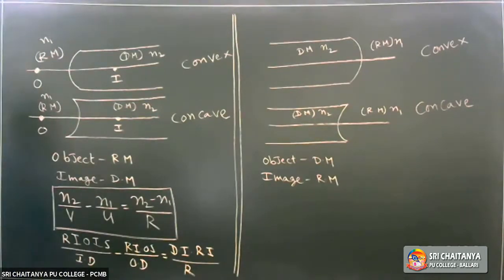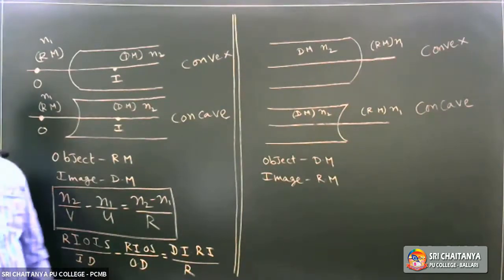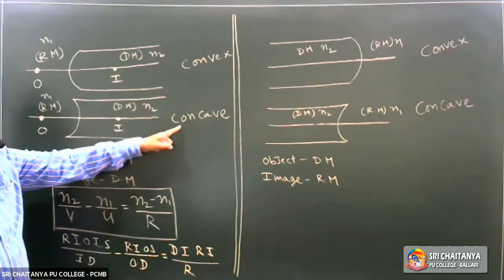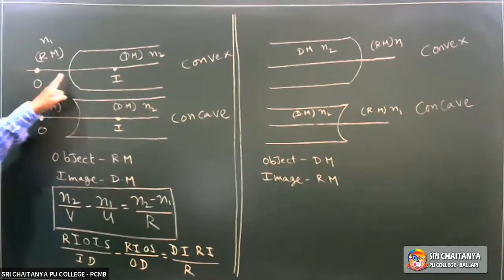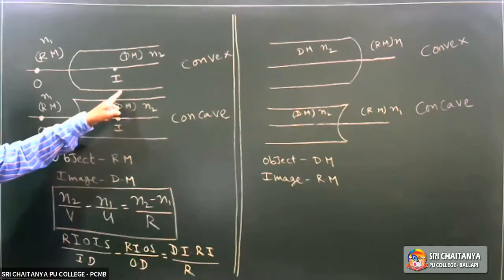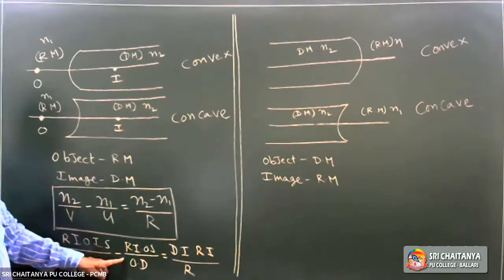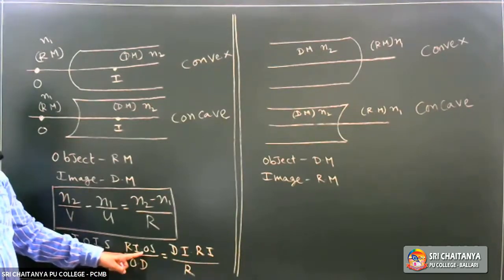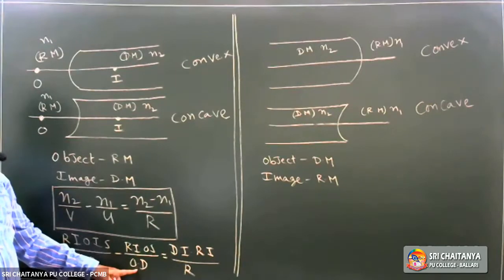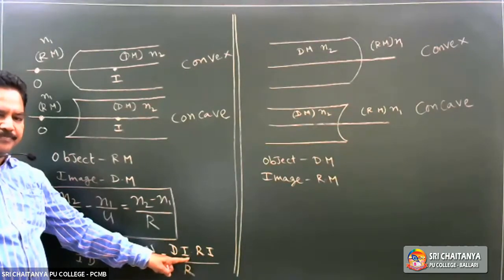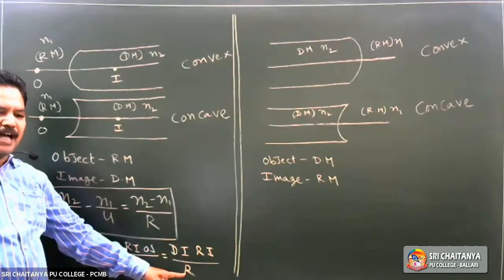How to remember the formula easily without the derivation part? Refraction at a spherical surface, either convex or concave, object in a rarer medium, image in the denser medium: refractive index of the image space by image distance minus refractive index of the object space by object distance is equal to difference in refractive index divided by radius of curvature.